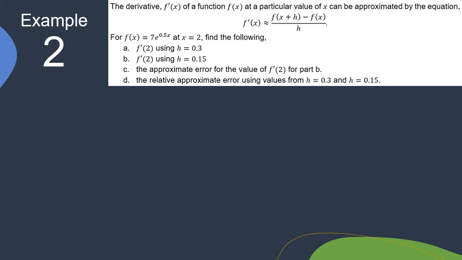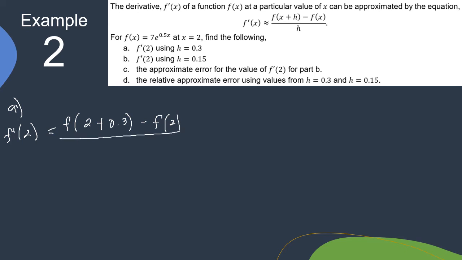First, we're going to solve for f prime of 2 using h of 0.3. That is, we have f prime of 2 equal to f of 2 plus h of 0.3 minus f of 2 divided by 0.3. This is now equal to f of 2.3 minus f of 2 divided by 0.3.